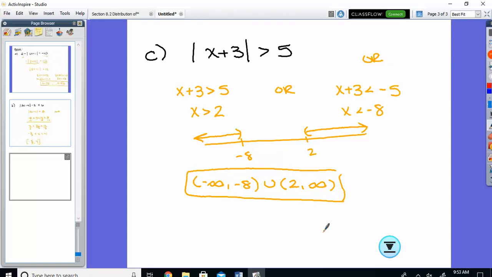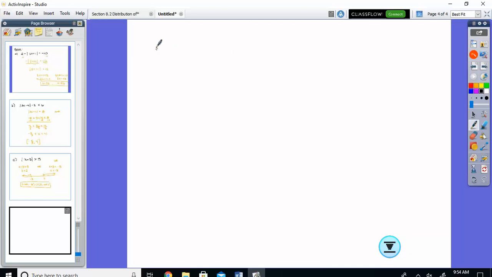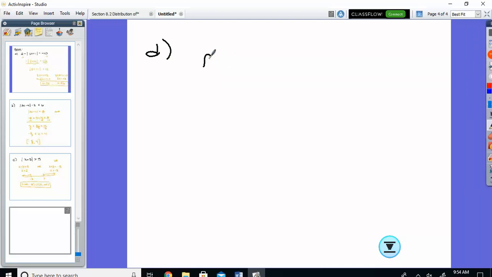I think I want to do one more example. I'd like to do a graphing example if we could. Remember we graphed piecewise functions in here? So let's kind of refresh one of those, and then I'll give you guys time to practice and ask questions. Okay. Let's say f of x equals x plus 4.